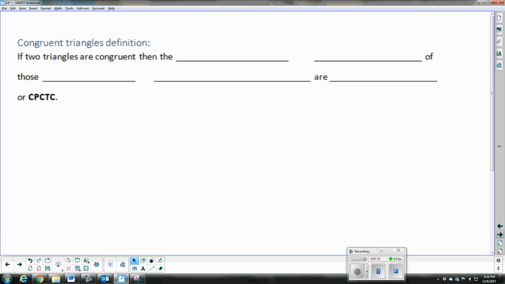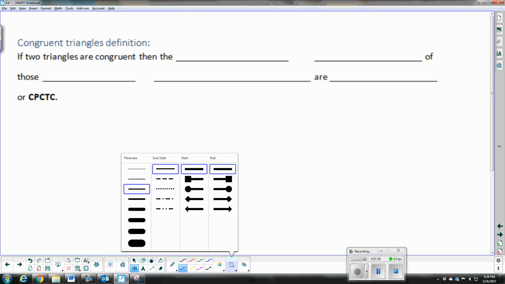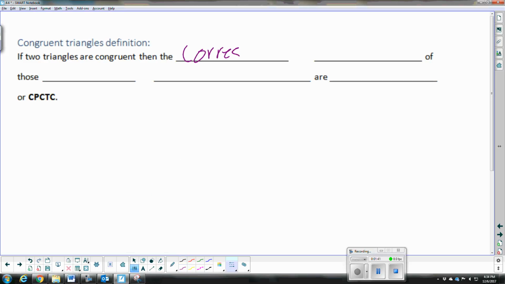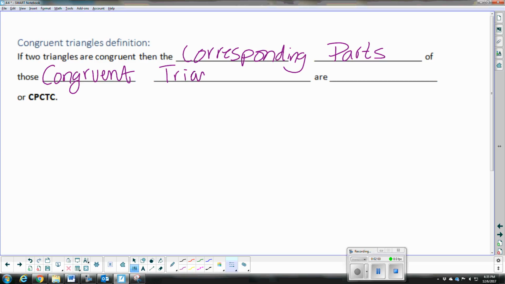It says if two triangles are congruent, then the corresponding parts of those congruent triangles are congruent.